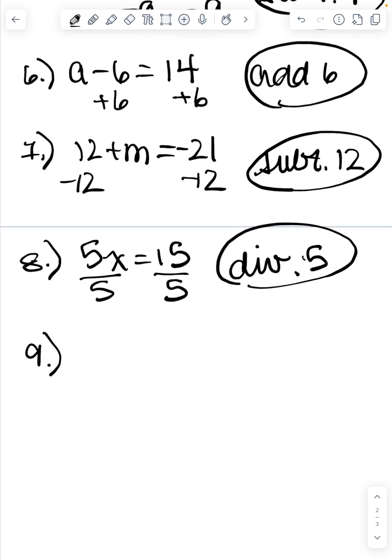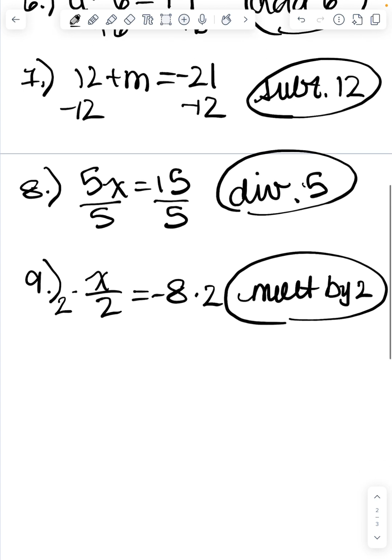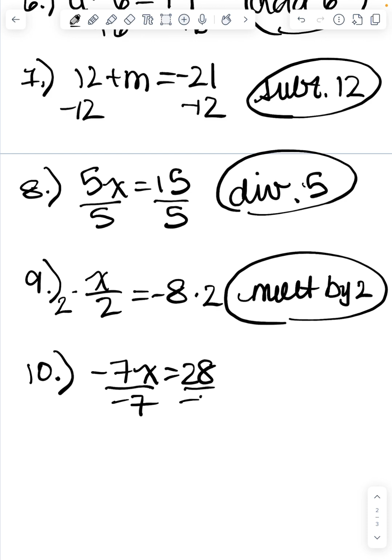Number 9, x divided by 2 equals negative 8. In this case, we would multiply by 2 on both sides. Number 10, negative 7x equals 28. And here we would divide both sides by negative 7.